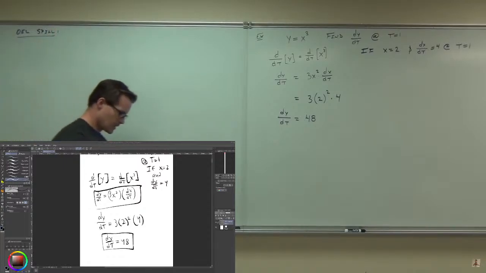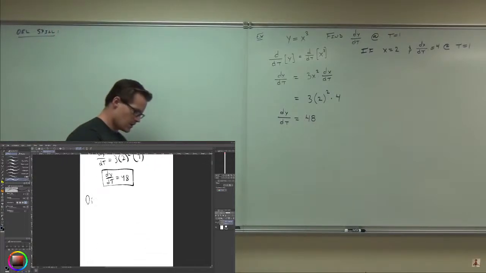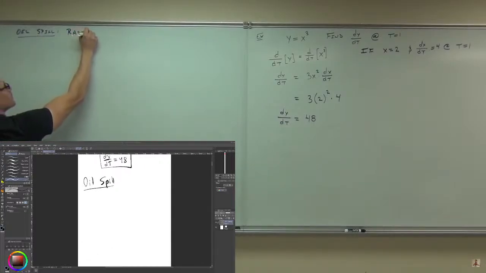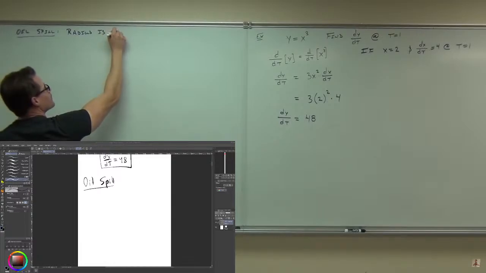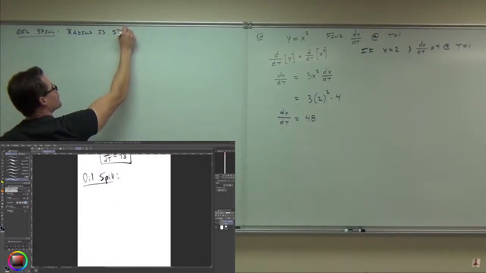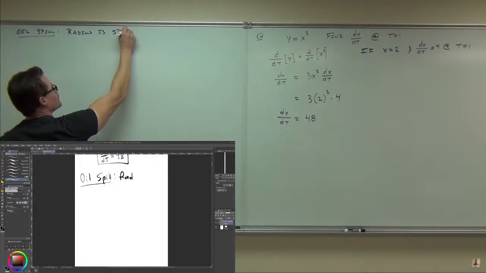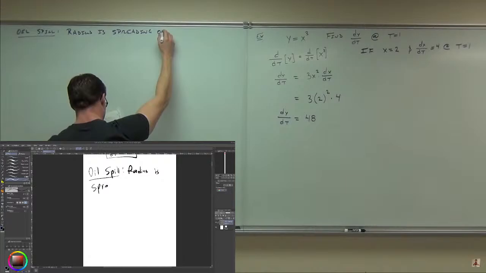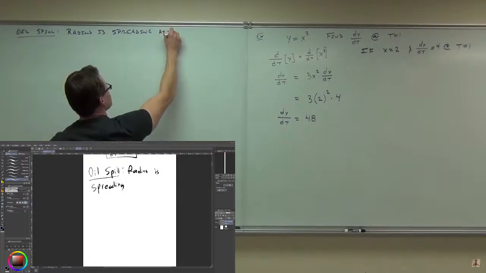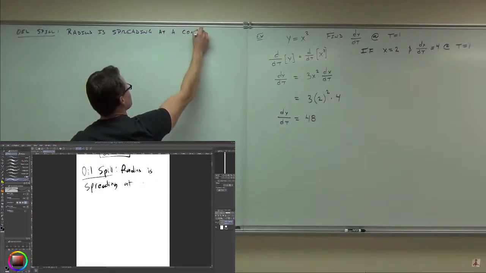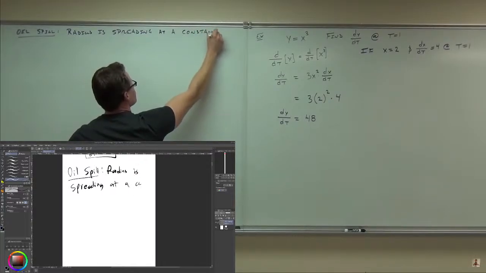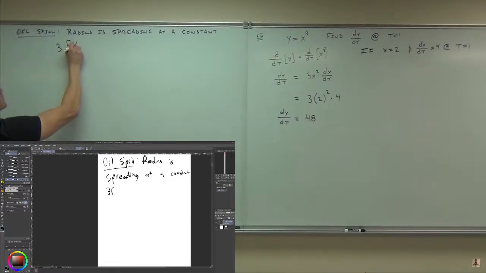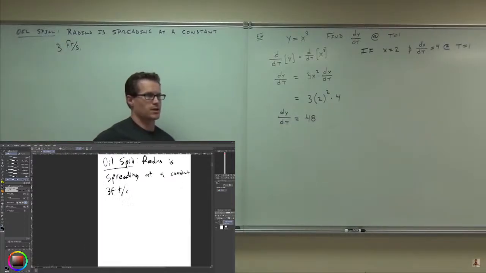Oil spill. Here's what we know. Radius is spreading at a constant 3 feet per second.